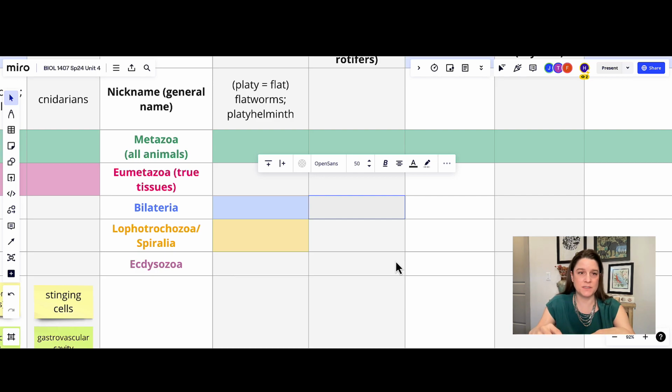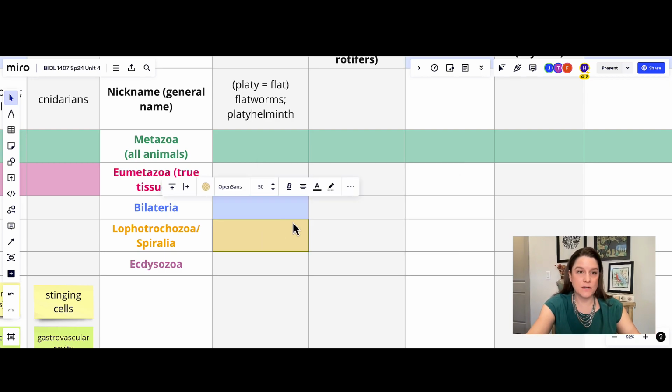Lophotrochozoa is named after some features that it has during development. The Lophophore, which some of the organisms have, is a feeding structure, and the Trochozoa is a developmental stage. I'm not too worried about that. Spiralia is the name if you're referring to the spiral cleavage, because almost all of them, or many of them, have protostome type development, which has that spiral cleavage as we talked about.